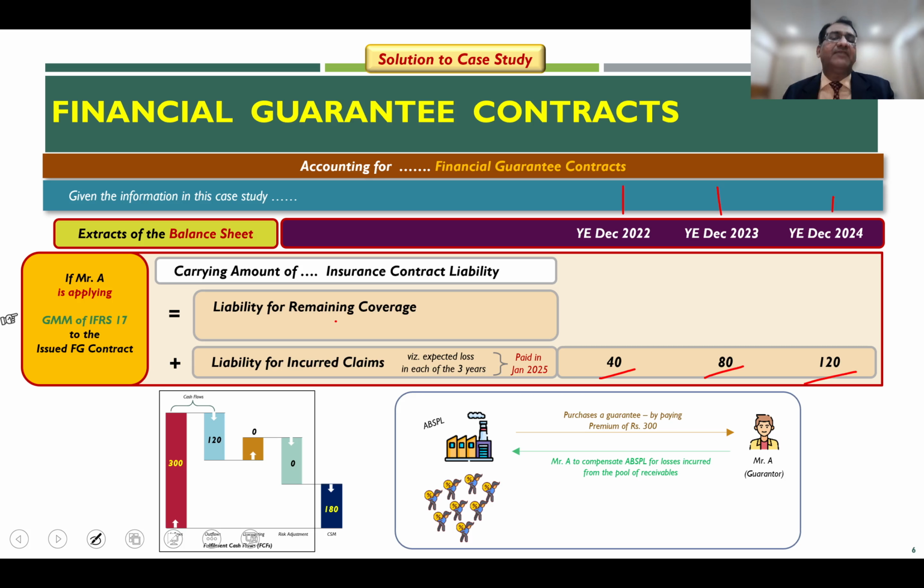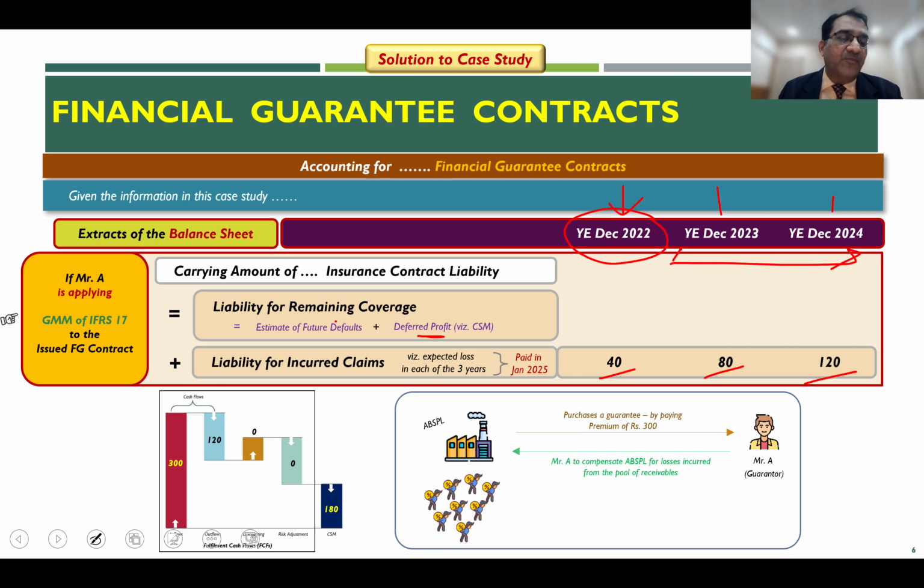What about remaining coverage? Now, remaining coverage will consist of, again, two parts: the estimate of the future defaults, plus the deferred profit which you are yet to realize for future periods. So, for example, at the end of this year, out of the 3 years, for 1 year the service you have already provided.